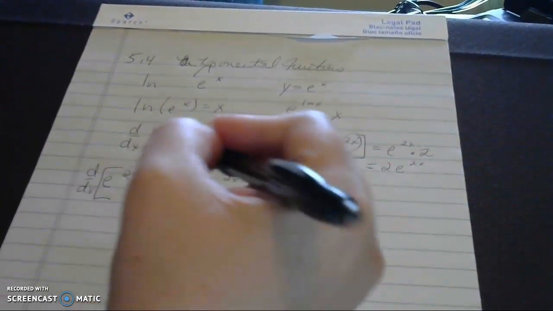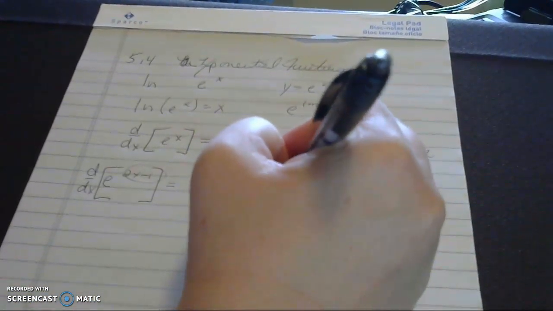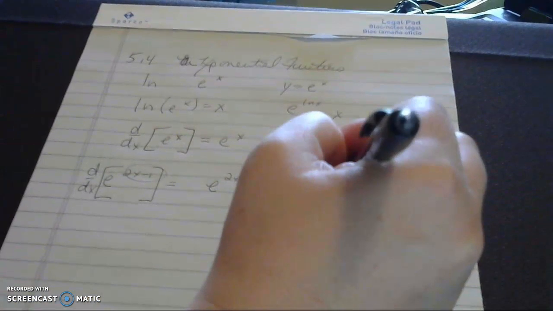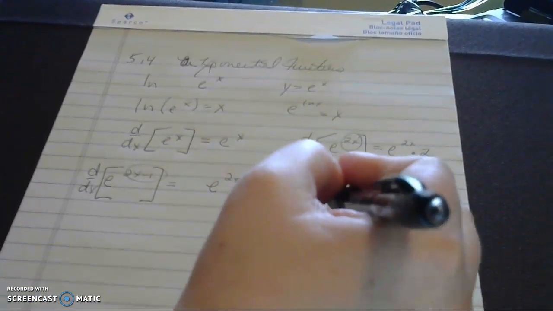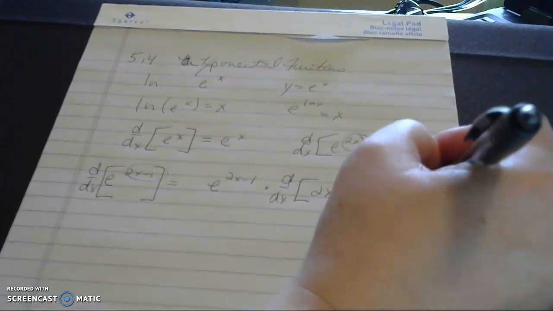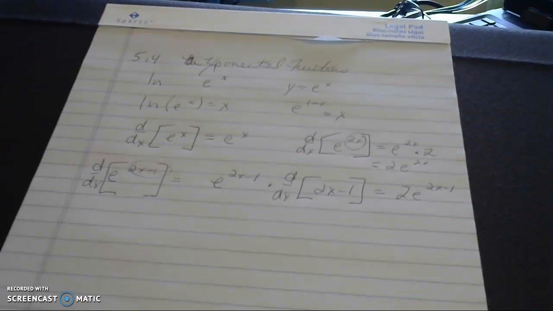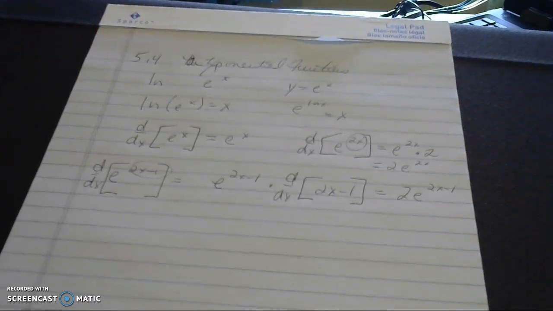But then what's the derivative of this? So I want to take it times the derivative of 2x minus 1. When I derive this, I'm left with a 2. So it's 2 times e to the 2x minus 1. All right?